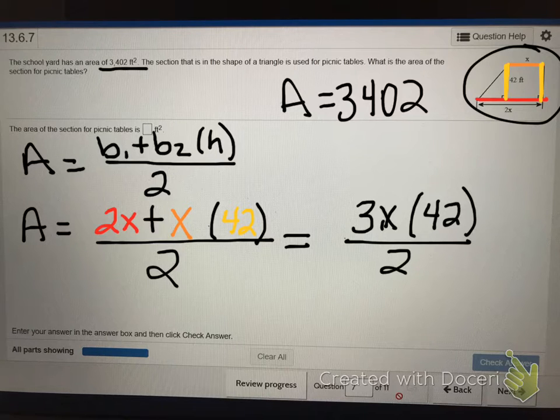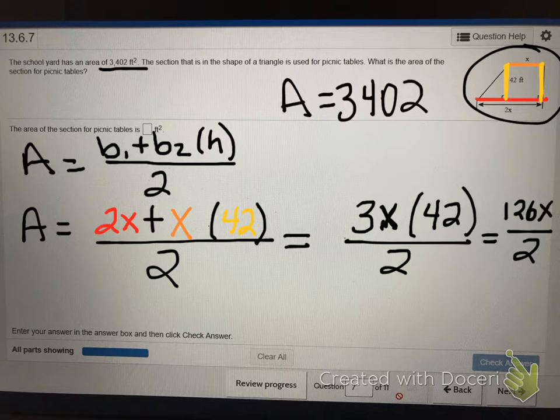Now that I've got 3x times 42, we know that multiplication is commutative, so 3 times x times 42, we can multiply that in any way that we want. When I multiply 3 times 42, I get 126. Still have my x, and we're going to divide that by 2.